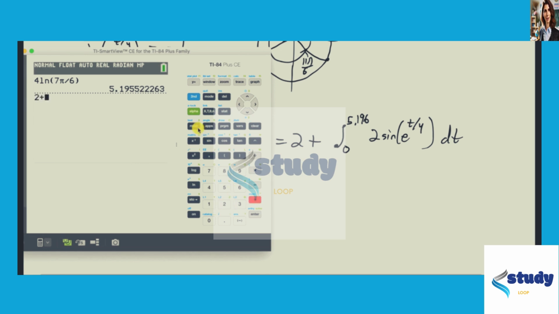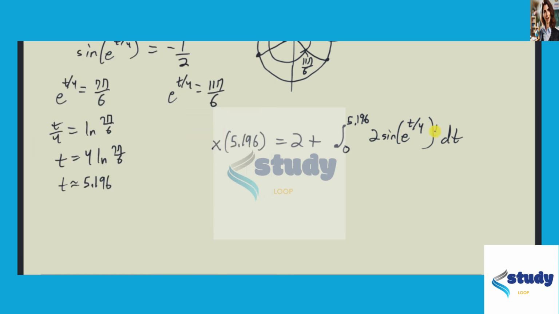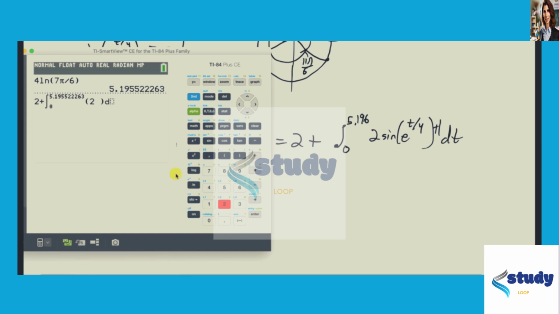So that's 2 plus the integral from 0. I'm just going to use that stored value in the calculator rather than rounding. We're doing the integral of 2 sin(e^(x/4)) plus 1, I forgot the plus 1 when I wrote that down, dx.